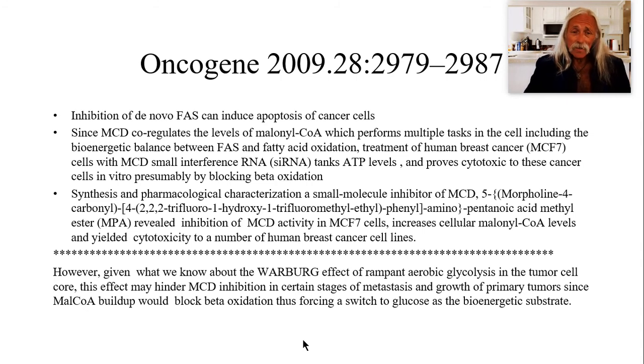That's good, right? Now, however, given what we know about the Warburg effect of rampant aerobic glycolysis, or glycolysis in the presence of high levels of oxygen, in a tumor cell core as opposed to the periphery of the tumor, this effect may hinder MCD inhibition in certain stages of metastasis and growth of primary tumors, since mal-CoA built up will block beta oxidation, thus forcing a switch to glucose as a bioenergetic substrate, thus generating the Warburg effect, thus fueling the core, the medulla of that whole tumor complex.